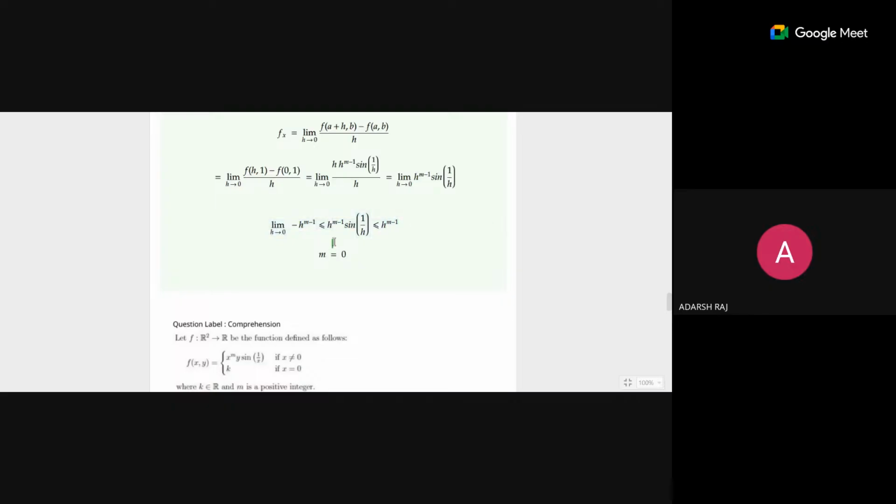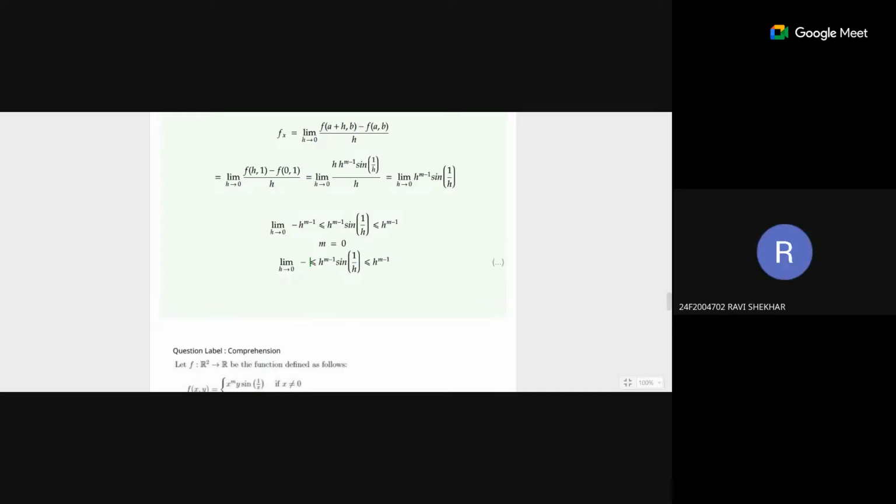So if you take m equal to 0, we get s to the power minus 1, so this will be minus 1 by h.